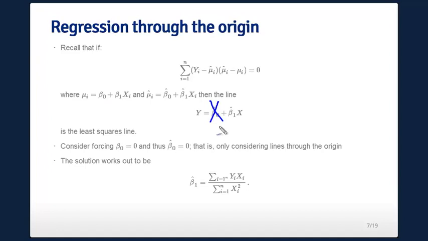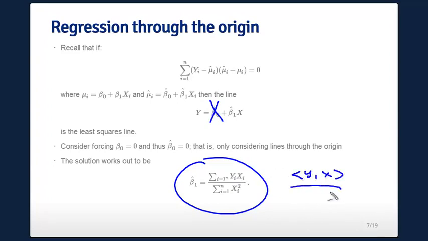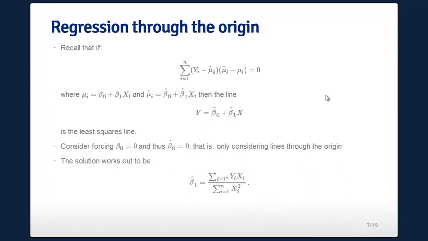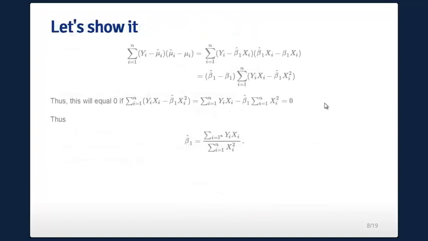In this case, the solution works out to be beta 1 hat is the inner product of y and x divided by the inner product of x by itself, if you're used to that sort of notation. It'll make a little bit more sense when we include an origin. But let's just show that this works out to be the case.